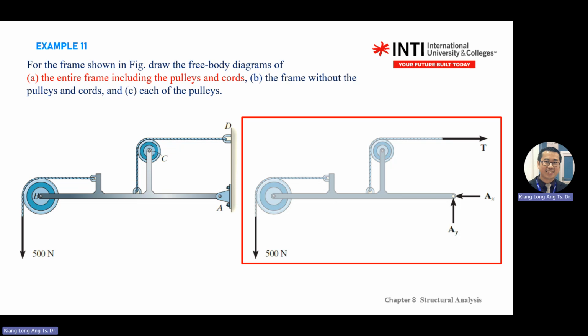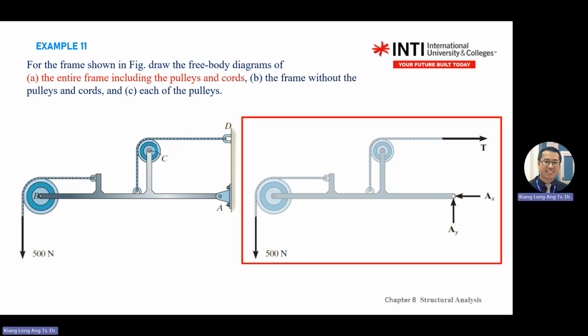Then B. B is the frame without the pulley and cord. It means you remove the cord, remove the pulley, and only look at the body. This body has a rope, so there's a tension here. Then there's a pin B here, BX, BY.